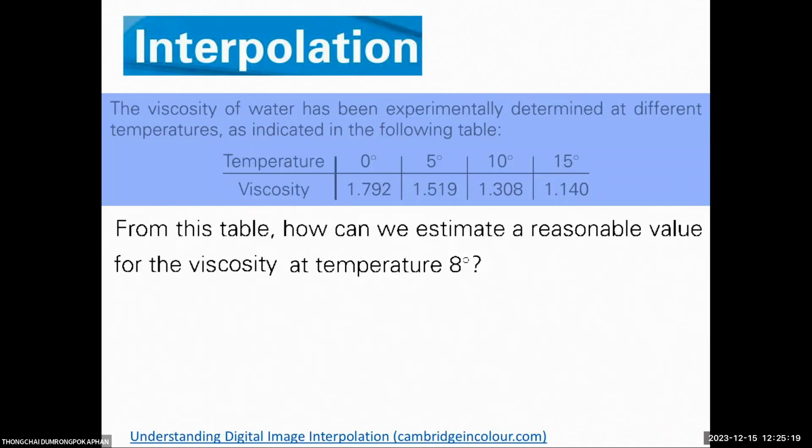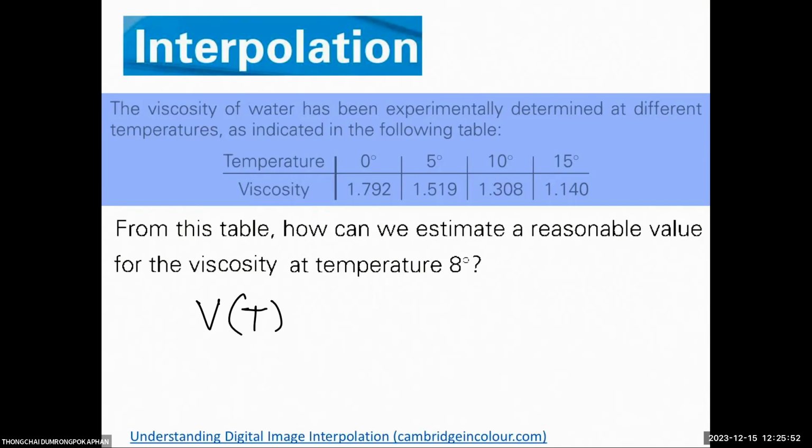So if we say capital T is the temperature, the viscosity depends on temperature. They have data at the freezing point, 0 degrees Celsius, and 5 and 10 and 15. But someone may ask, I want to know the viscosity when the temperature is 8 degrees.